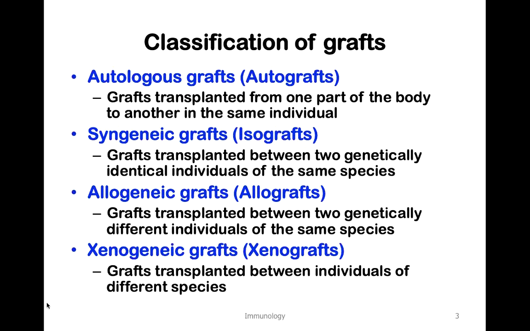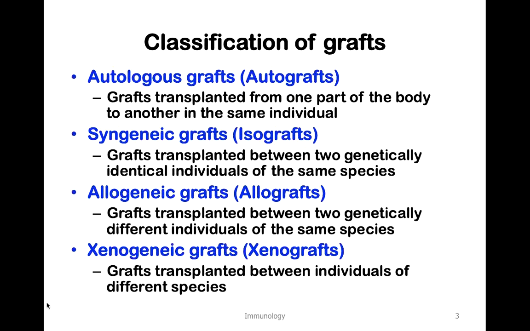And then you have xenogenic grafts, also known as xenografts, which are grafts transplanted between individuals of different species. That means, for example, the heart of a baboon or a chimpanzee transplanted into humans. This faces the highest chances of rejection, whereas allografts can also be rejected if not maintained properly.